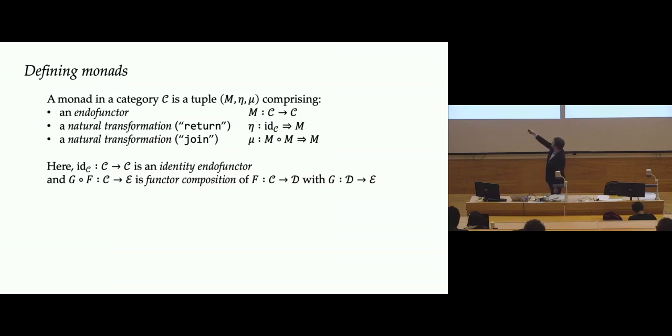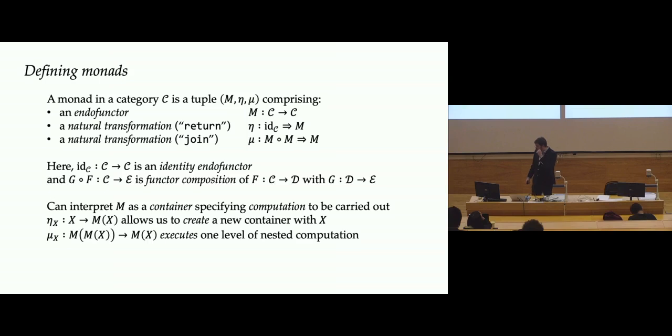The first one, eta, connects the identity endofunctor, which is the boring endofunctor that maps all objects and morphisms to themselves, to our particular target endofunctor M. And the natural transformation mu, or join, maps the composition of the endofunctor with itself to just the endofunctor. Functor composition works the same way as morphism composition: you just compose the mappings from one to the other.